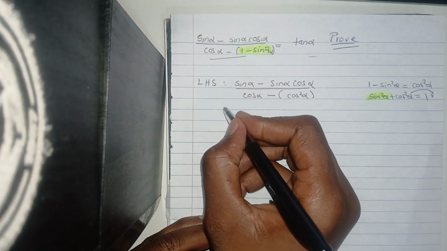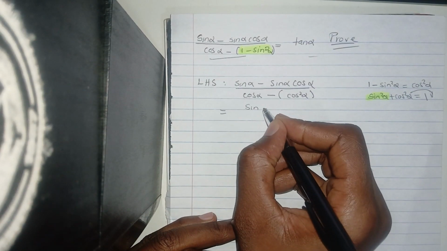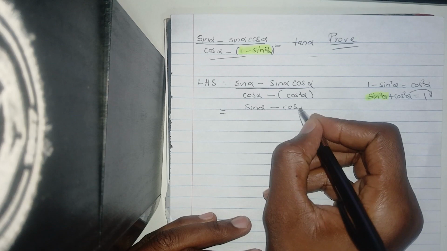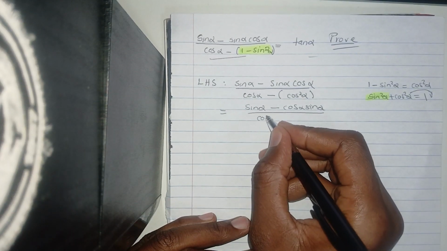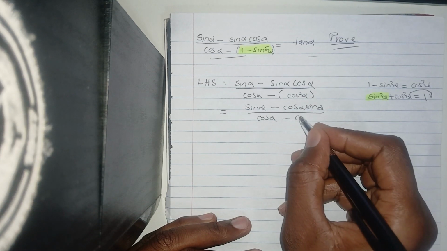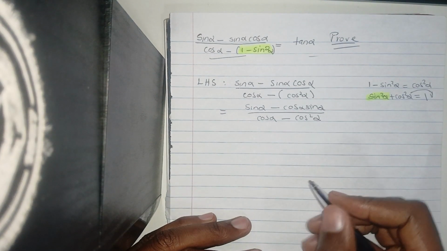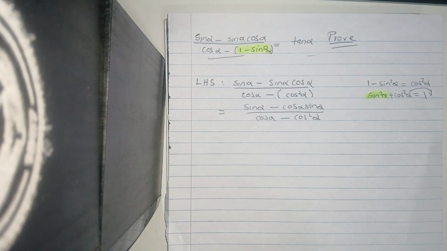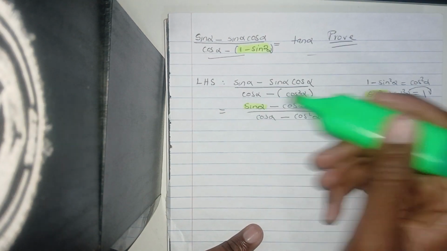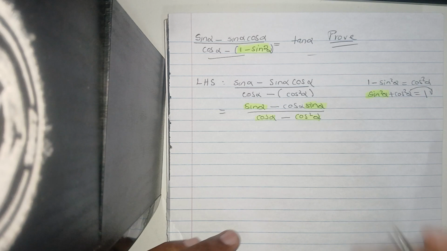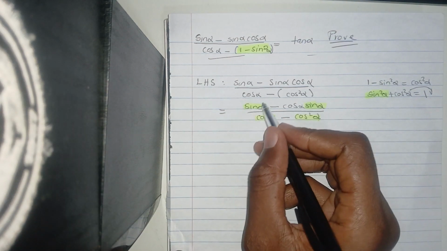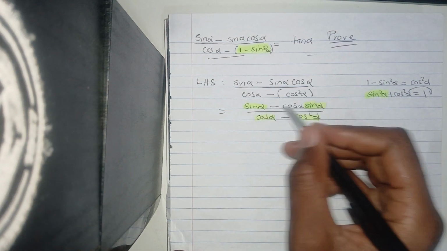So now we have sine alpha minus cos alpha sine alpha, divided by cos alpha minus cos square alpha, right? When we are simplifying, we have to try by all means to check the factor. The factor is sine alpha, because there is sine alpha here and sine alpha here.